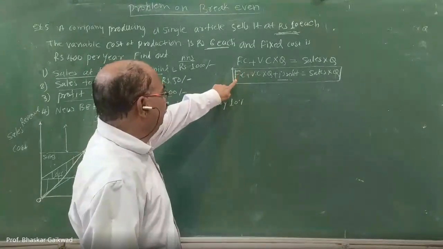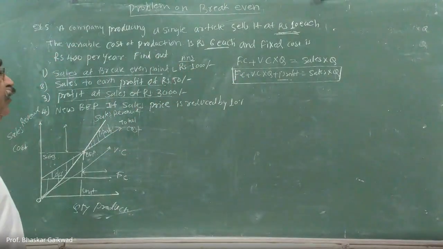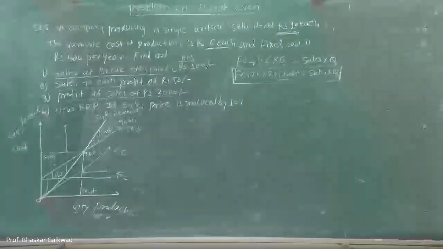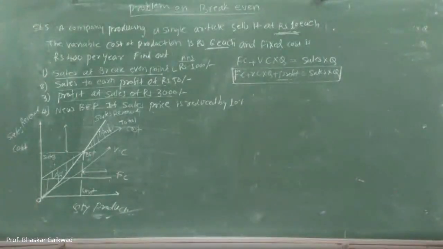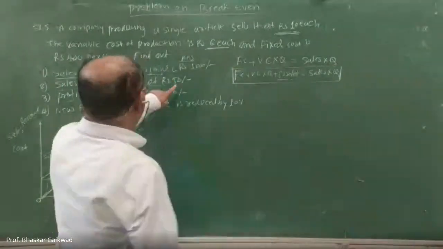Variable cost with fixed cost, then quantity, and after this calculating quantity into selling price. So first you calculate the quantity for profit 50 rupees.